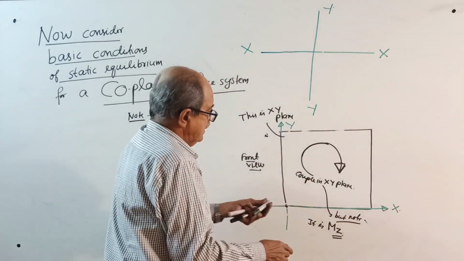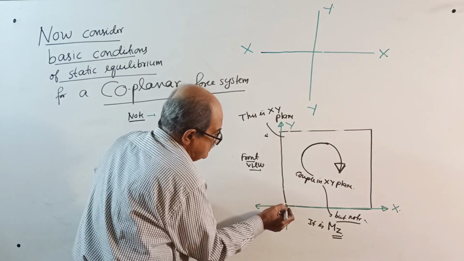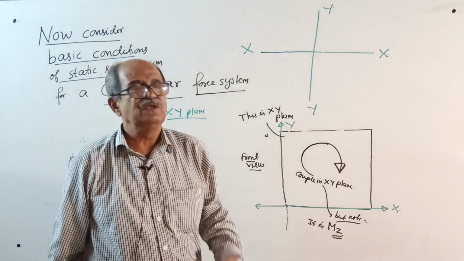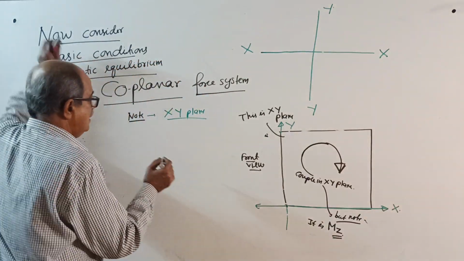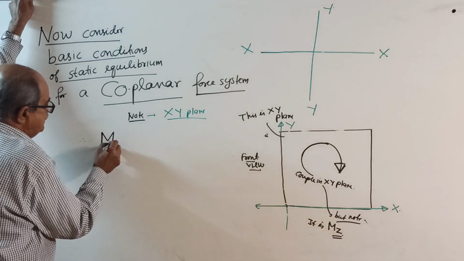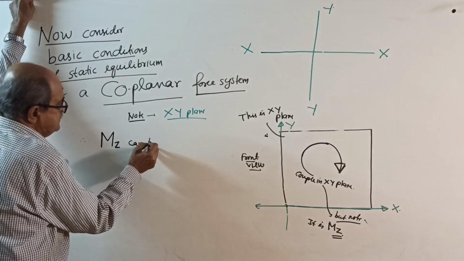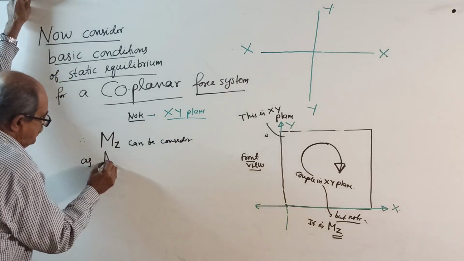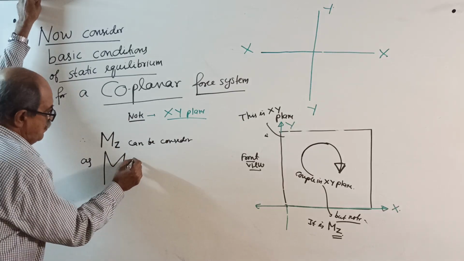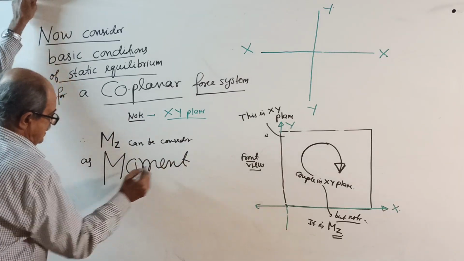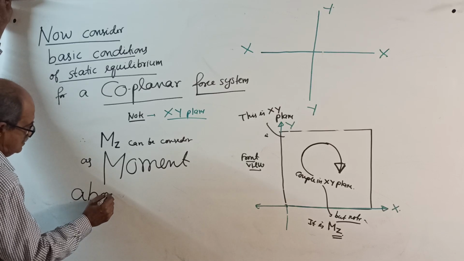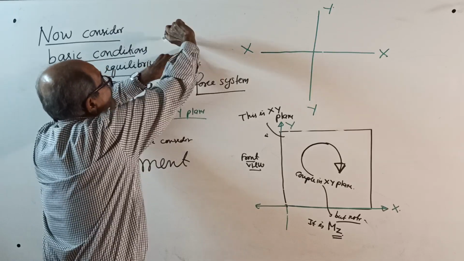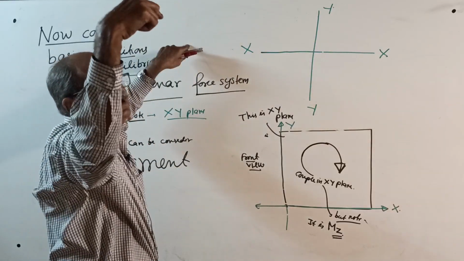Now you can do one thing. In the plane, you can see a point. Therefore, first of all, this I already told earlier, so now I will not waste time. Therefore, MZ can be considered as moment about, see, if I take a point here, if I take moment about this point, it is about Z, so Z you cannot see.